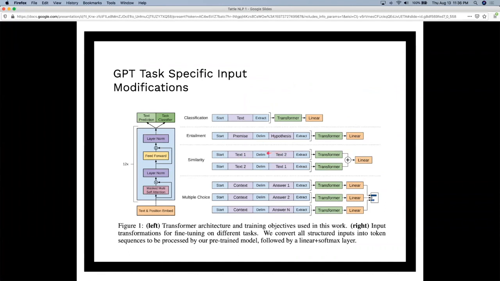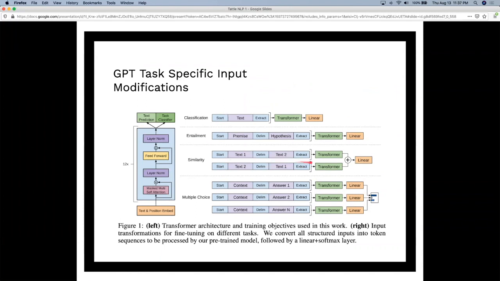So in this case, the way sequence nature is enforced is by masking the attention masks, basically. Let's take an example of similarity. For sentence similarity, we have a text dump and another text dump.